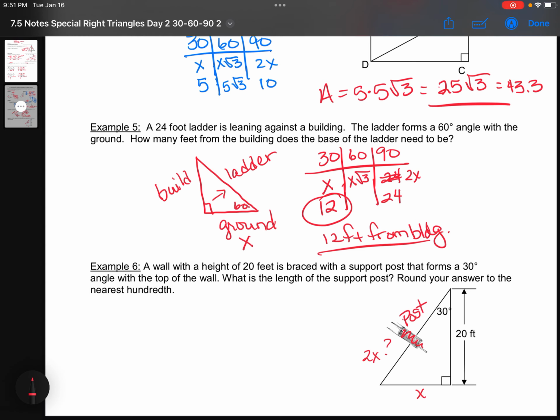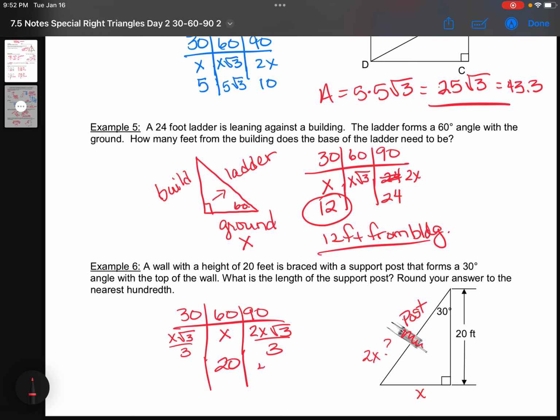This is 2x. So this is the backwards one. So we're going to have 30, 60, 90. So this one is x. This is x times the square root of 3 over 3. 2x square root of 3 over 3. This is 20.